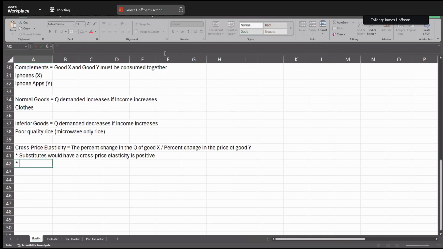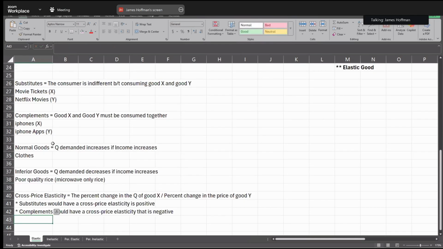And then complements would have a cross price elasticity that is negative, right? Because if you consume them together and the price of iPhone apps goes up, then the demand for iPhones will go down a bit because you have to pay a little bit more for the apps.